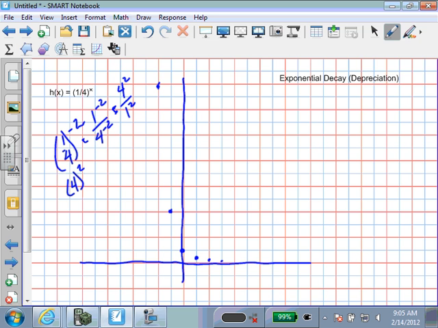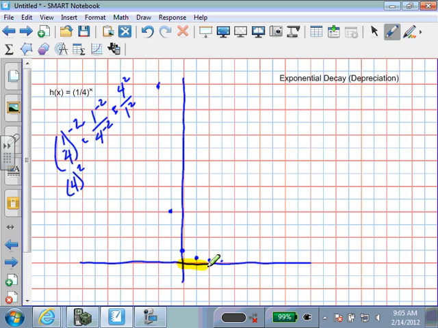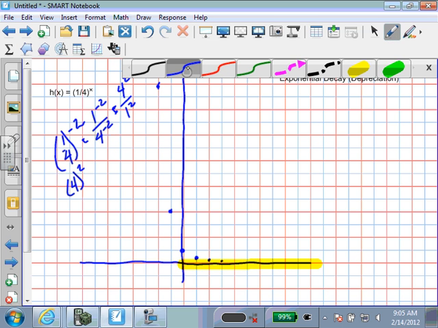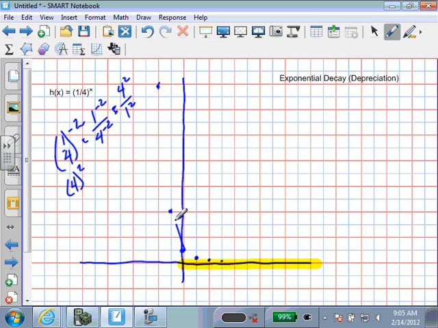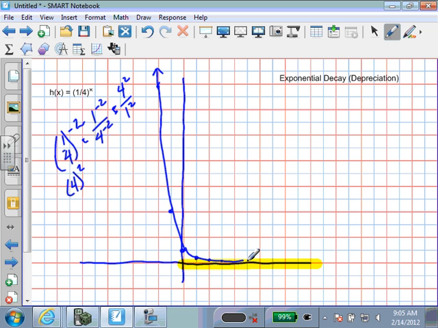So what we get is we get our horizontal asymptote over here. This is the side that's going to infinity, and this is the side that is approaching the horizontal asymptote.